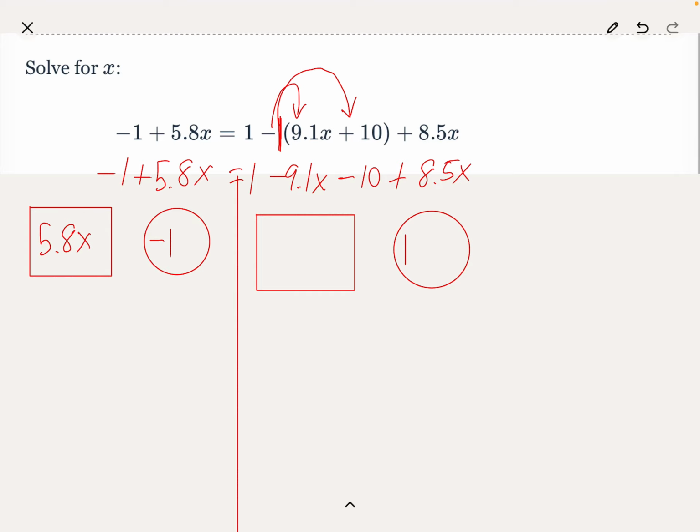The negative 9.1x is going to go here. And then the minus 10 is going to go in the circle. And the plus 8.5x goes here. So now I just need to simplify the box and the circle on the right, and then we can move the circles with the circles and the boxes with the boxes.